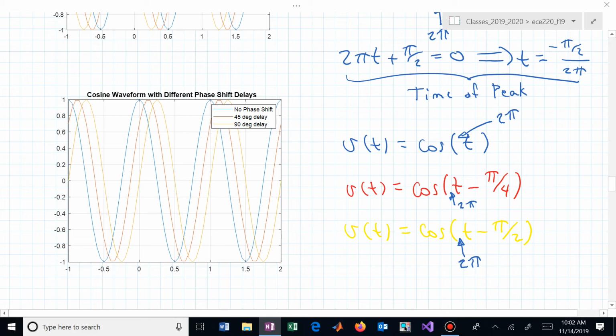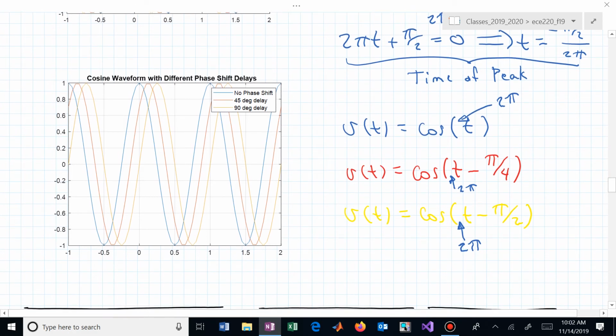We now have the gold curve delayed by 90 degrees, and it goes through 0 at 0, and then it goes up and peaks. Well, what sinusoidal expression is 0 at 0? Sine wave. So this is another illustration of the fact that the sine wave, in fact, lags the cosine waveform.